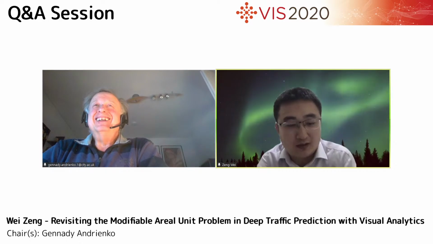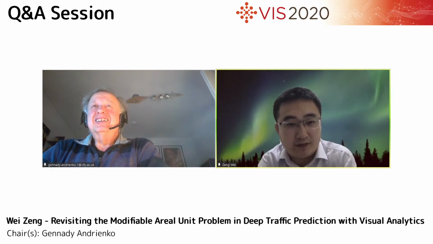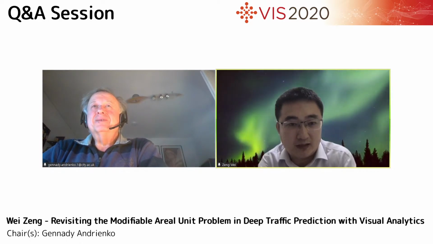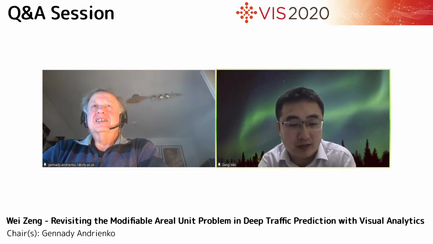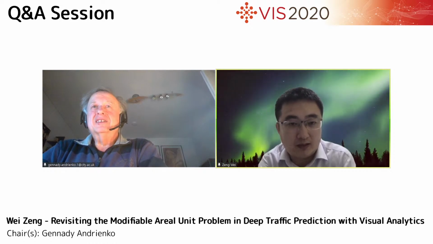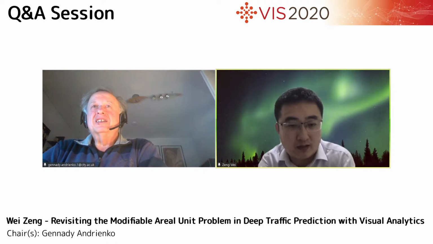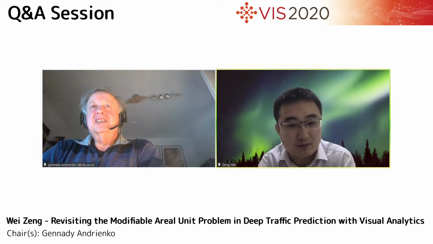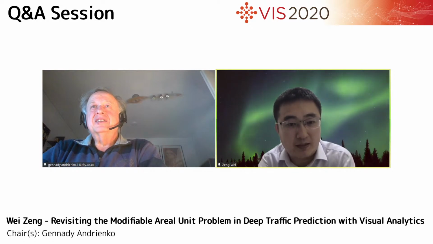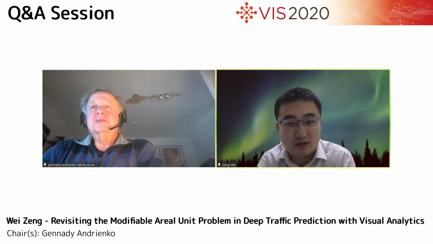Okay, so I see in the deep learning field, they're mostly using three indicators: root mean square error, MAE, mean absolute error, and mean absolute percentage error. So I would say from our work, maybe MAPE is the best one that can compare scales.